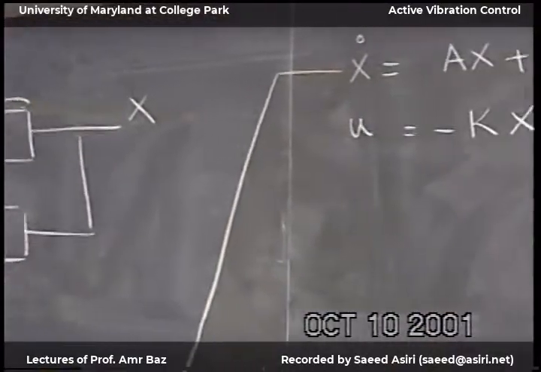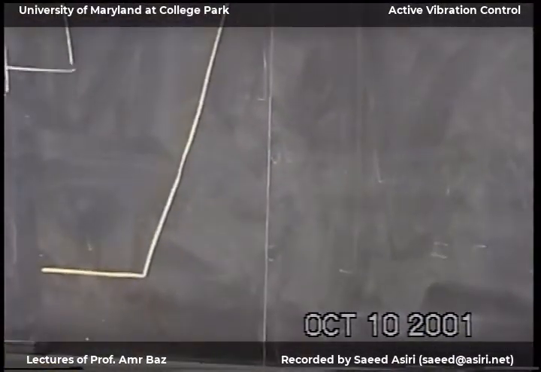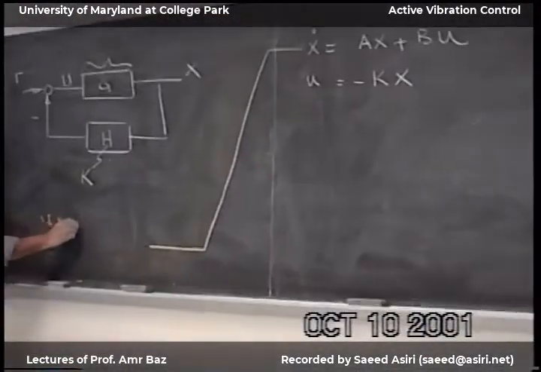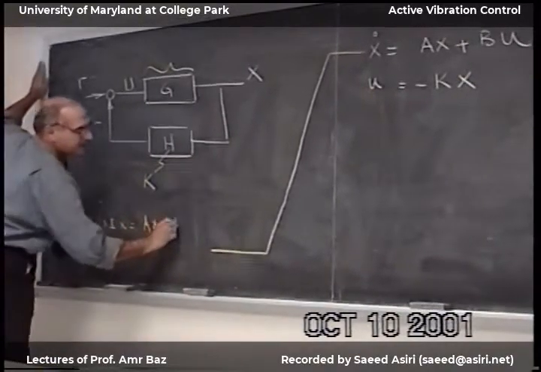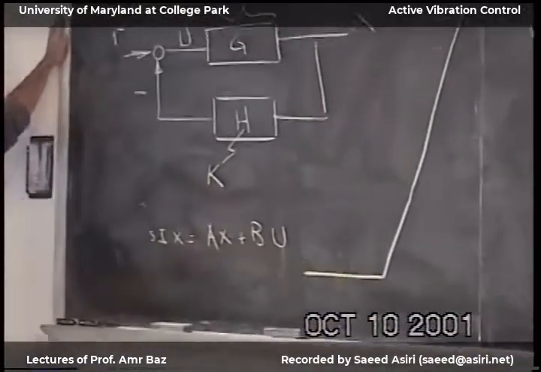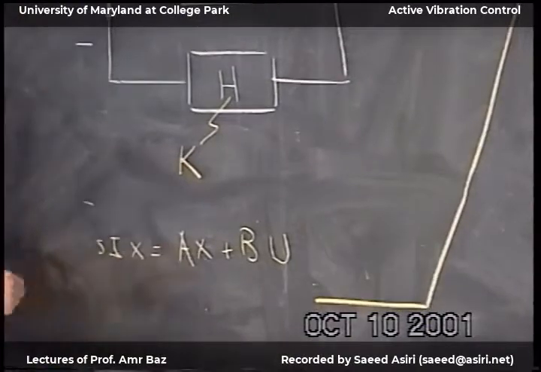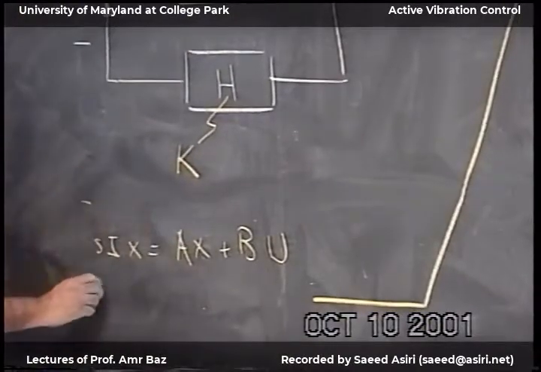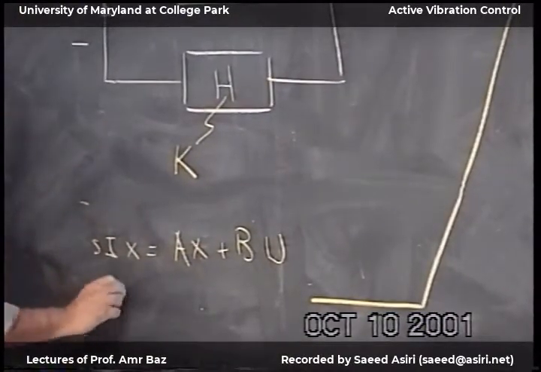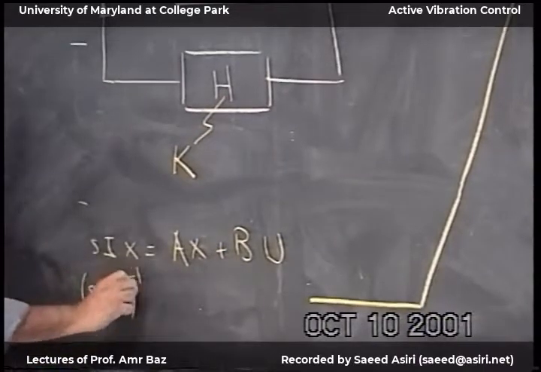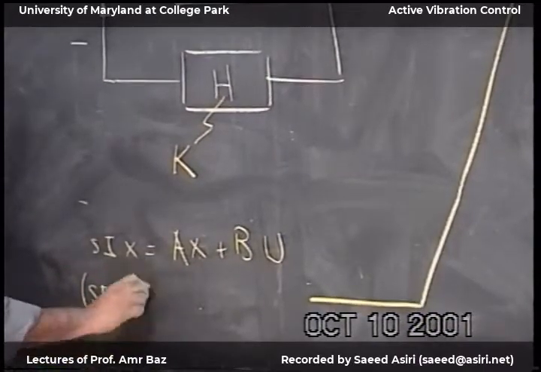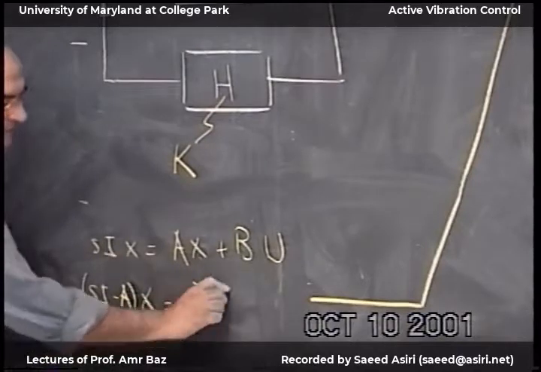I go here. I take the Laplace, so I have s I times x is equal to Ax plus B u. And then now I transfer the x's to one side, equal to Bu.